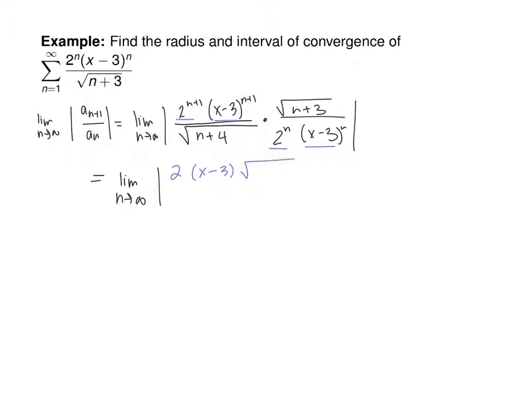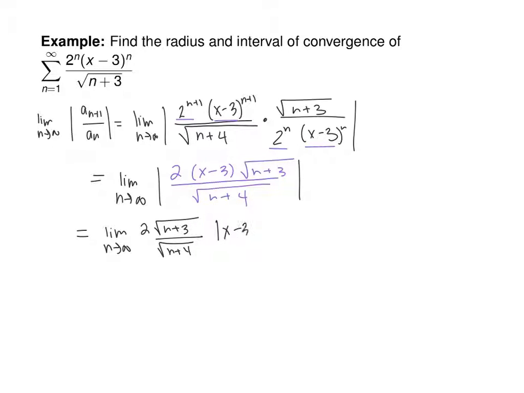And the numerator will have a root n plus 3, the denominator will have root n plus 4. So we have the limit as n goes to infinity, 2 times the root of n plus 3 over the root of n plus 4 times the absolute value of x minus 3.